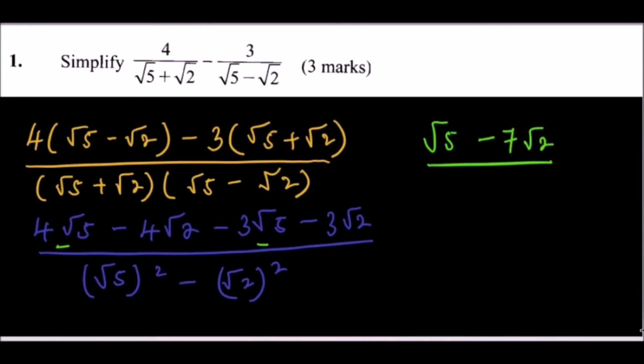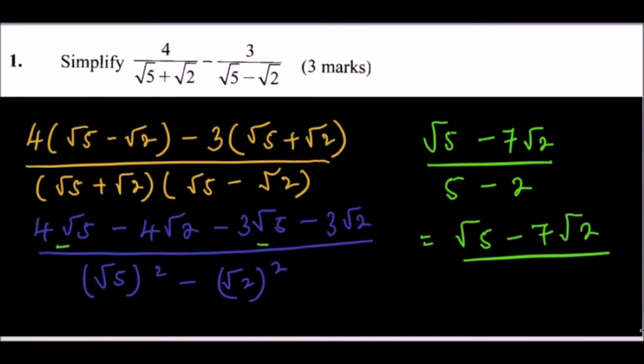All this is divided by root 5 squared, which is 5, minus root 2 squared, which is 2. So this is equal to root 5 minus 7 root 2, all divided by 5 minus 2, which is 3, and that is the simplest we can go. The farthest we can simplify that expression. So that is the answer.